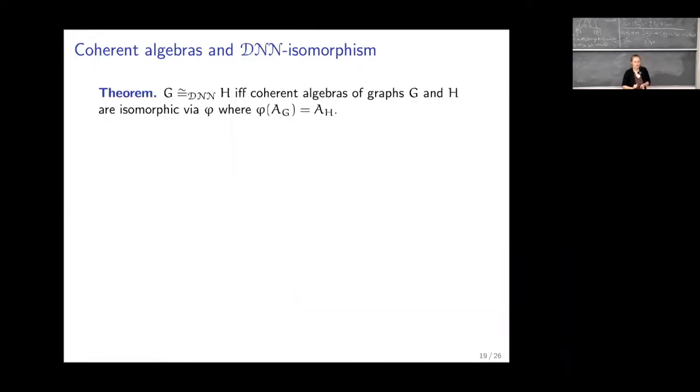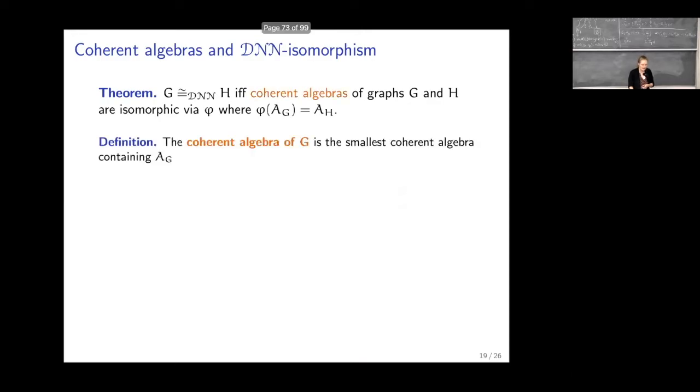It turns out that we can have a nice characterization of this DNN isomorphism in terms of algebras. In particular, two graphs are DNN isomorphic if and only if the coherent algebras of the two graphs are isomorphic via some isomorphism that takes the adjacency matrix of one graph to that of the other. You probably all know what a coherent algebra is, but for those that don't, let me give a quick refresher.